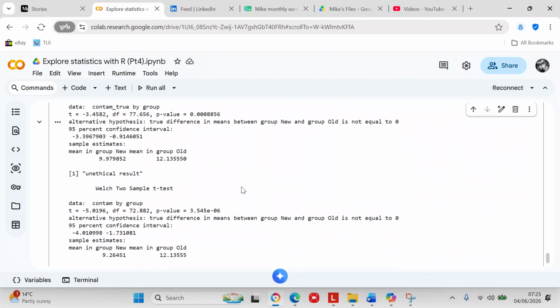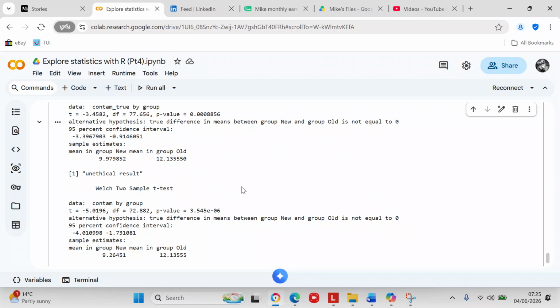And the reason why that is, is because you don't have as many elements in the group, so you're going to have 40 plus 35 is 75 minus 2, so it's going to be 73, so you've got 72.882, but your degrees of freedom for the ethical is 40 plus 40 is 80 minus 2, so it would be 78. So the degrees of freedom for the ethical is very close.